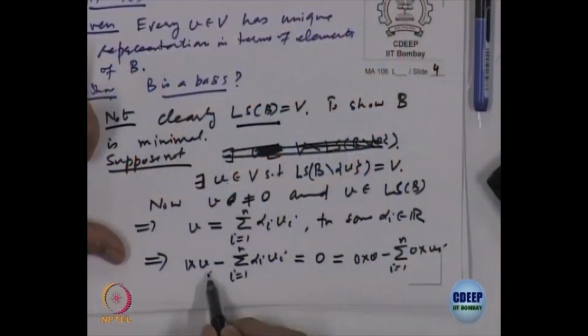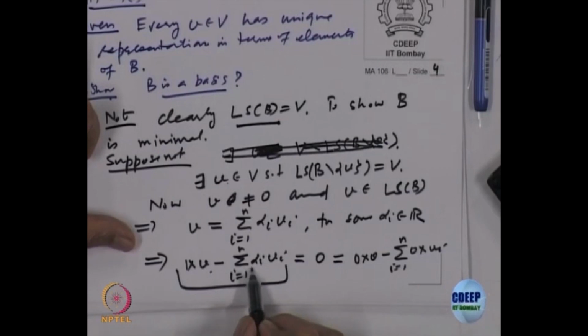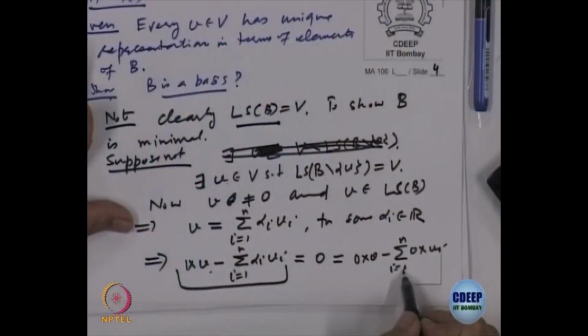But here it is 1 times V. So, I have got on this side a linear combination where the constants involved are not all equal to 0, which is equal to another linear combination where everything is 0. So, what does it contradict? That means 0 has got two different representations, its representation is not unique, but that contradicts 2, right.